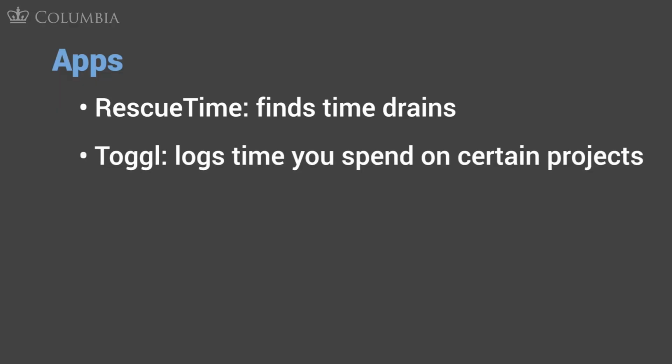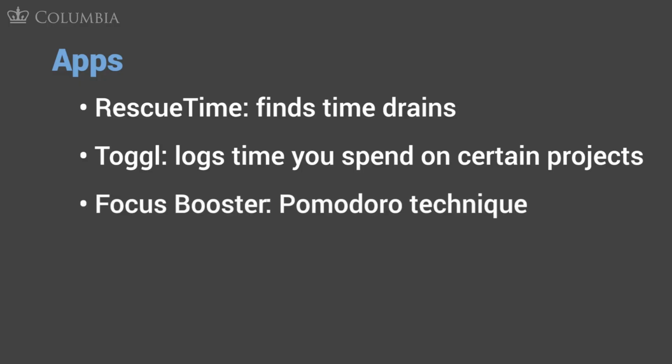Toggle is a really great app for helping you to capture how much time you actually spend on different projects and tasks during your day. This is especially useful if you're managing more than one project at a time. Focus Booster is an app that uses the Pomodoro method of 25-minute intervals of focus study with 2 to 3 minutes of breaks to help use your phone as a timer for that Pomodoro technique.